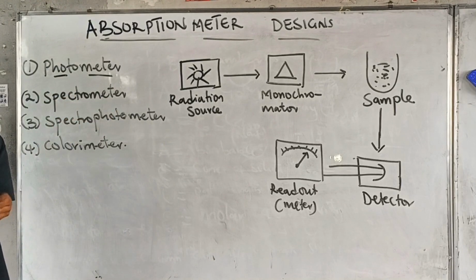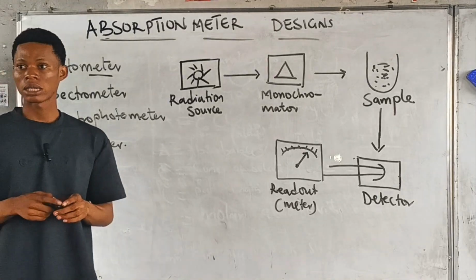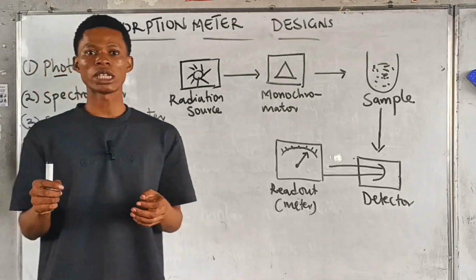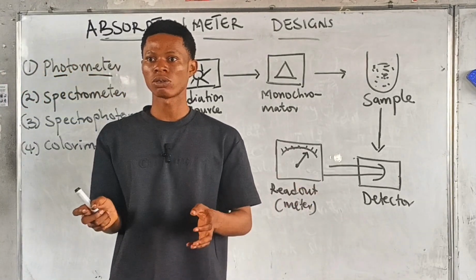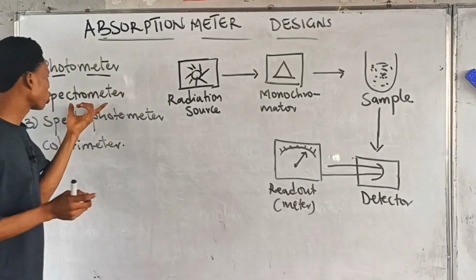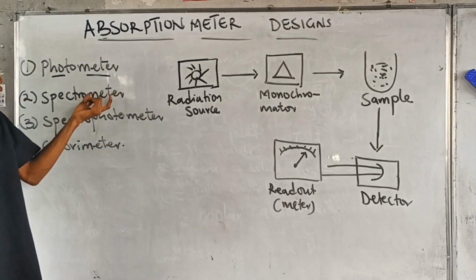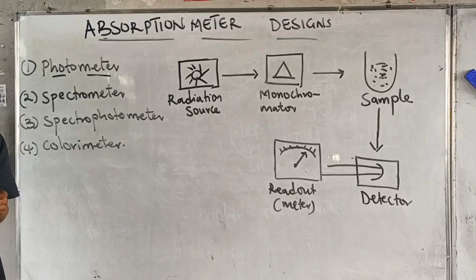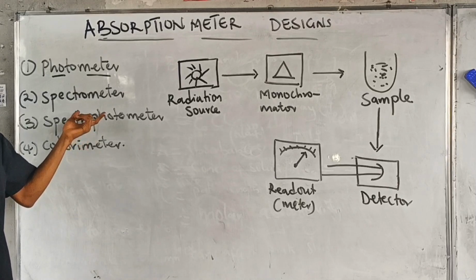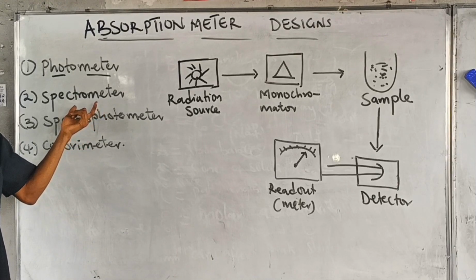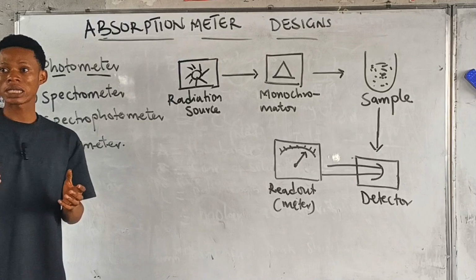Spectrometer. Have you heard of spectrum of light? We are looking at the different bands of light. Spectrometer, in simple terms, is used to measure what? The different colors, right?